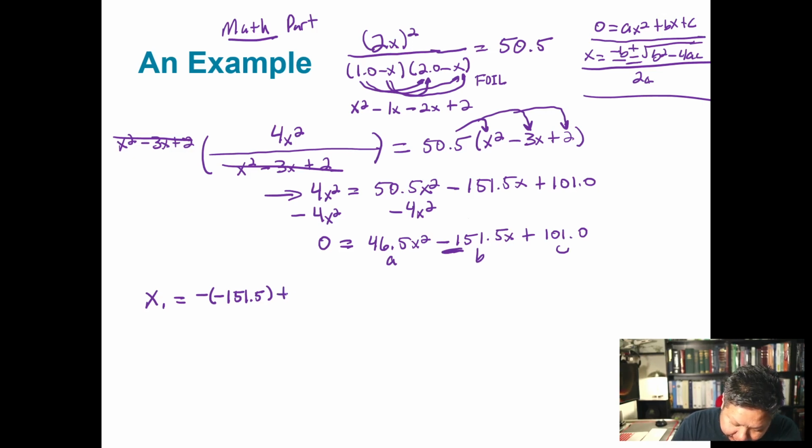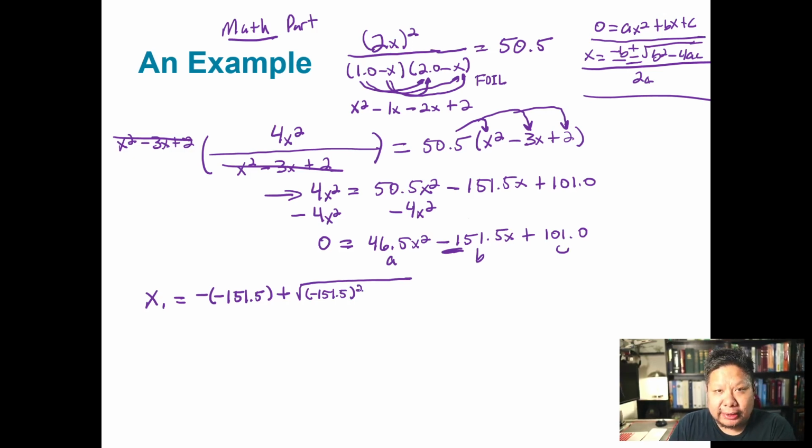And so for this one, I would go plus the square root of minus 151.5. Again, I'm going to put my negative 151.5 into parentheses so that my square knows to do both those things, right?